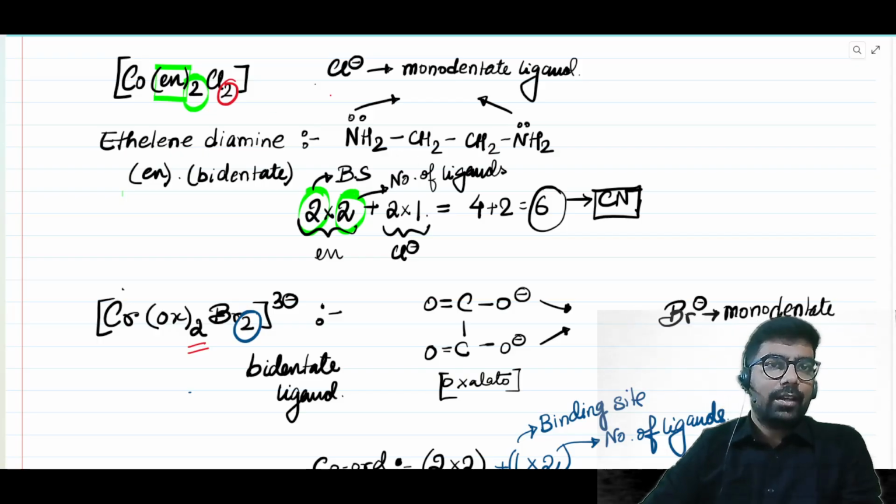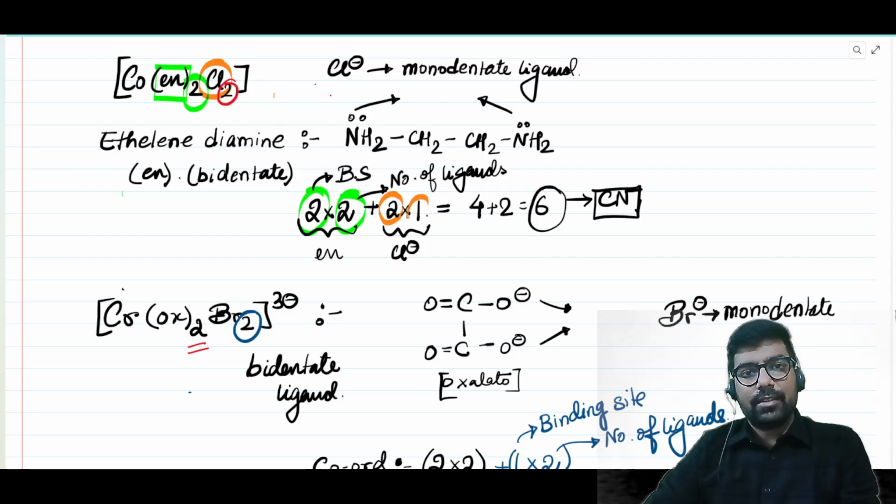Along with this, we have chlorine, a monodentate ligand, so the number of ligands is 2 and the binding site is 1. Again 4 plus 2, so 6 is my coordination number.